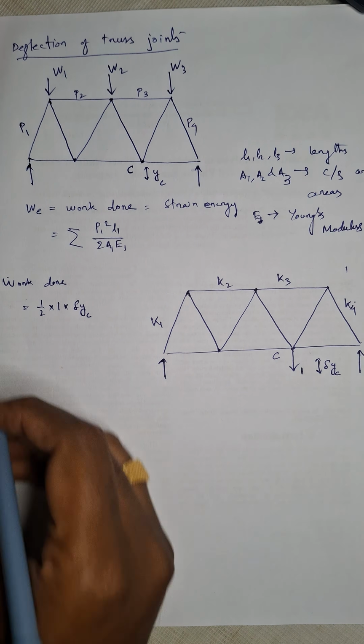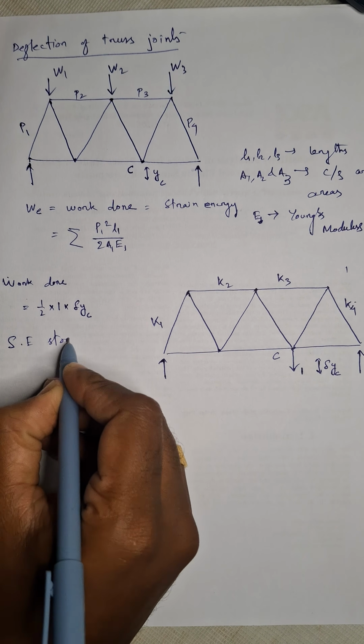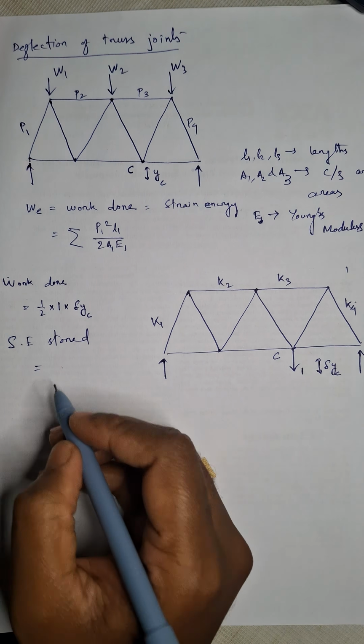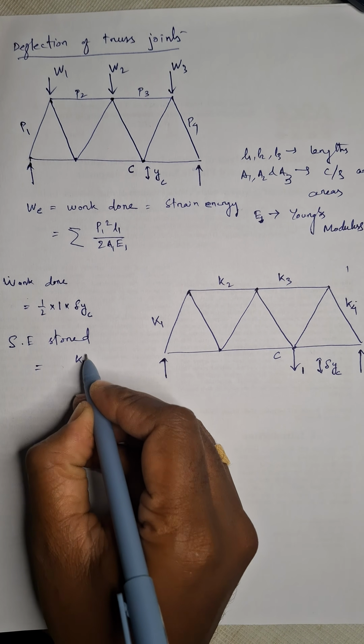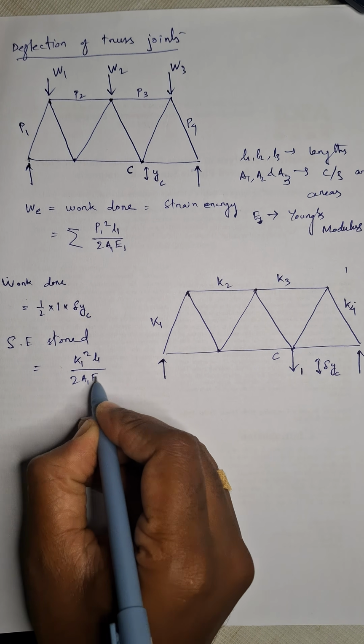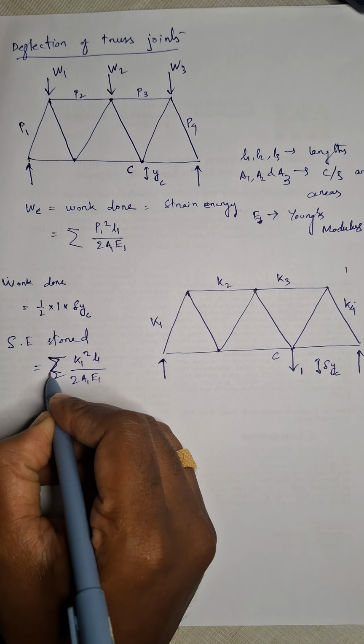What will be the strain energy stored? By applying the formula of the first theorem of Castigliano, it will be summation of K1 squared L1 divided by 2 A1 E1 over all the members.